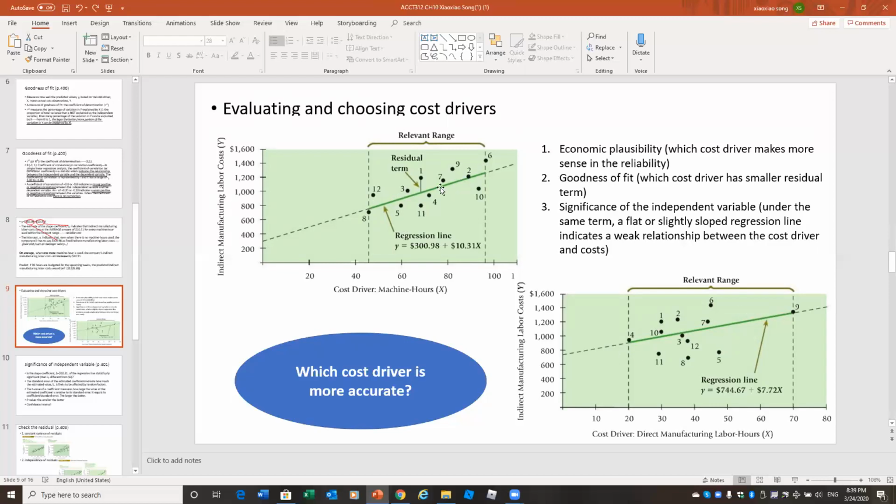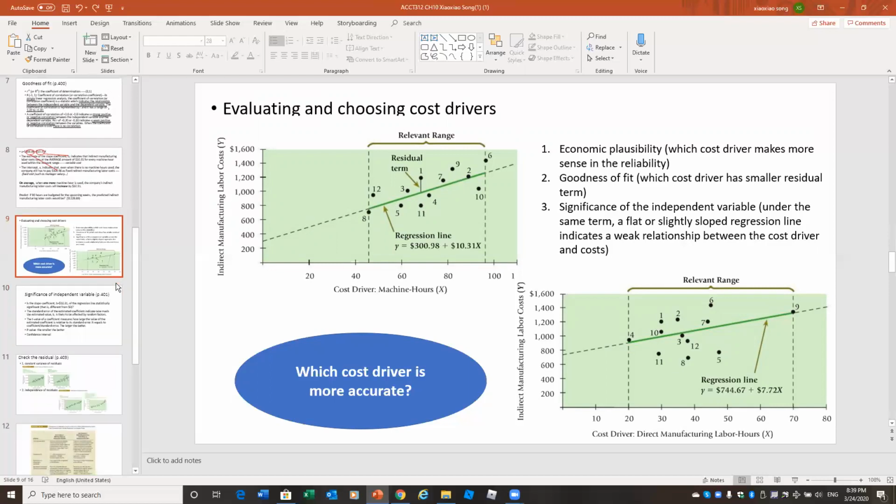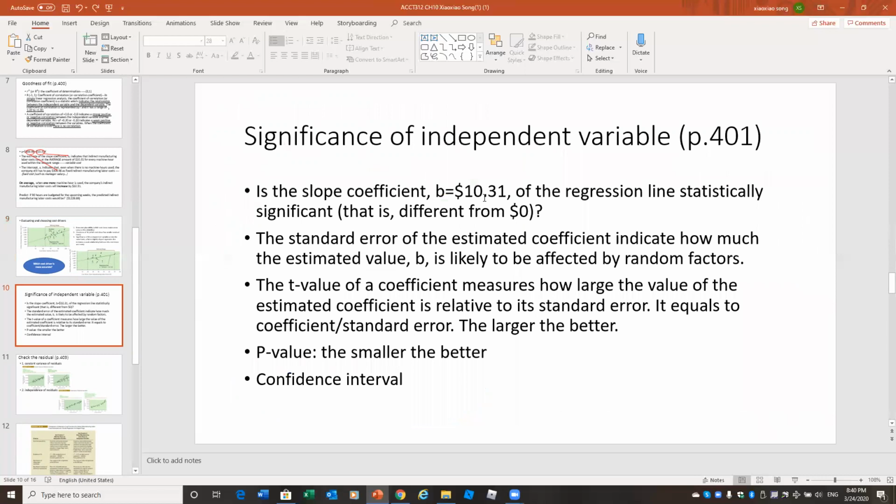We want the slope to be a stronger impact. But basically you compare R square. If I test you in the exam, I will show you the specific R square and significance of the coefficient.